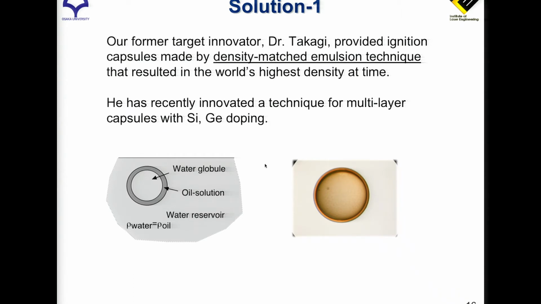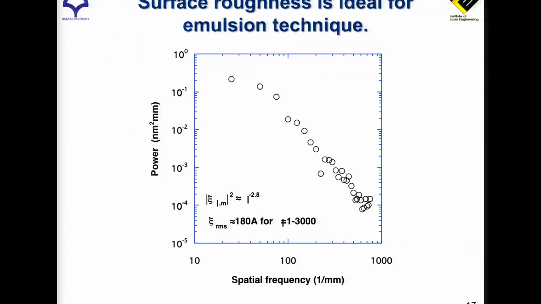And this is one of the typical plastic shells which we used in our high-density campaign 30 years ago. And it works. He has recently innovated again a technique for multi-layer capsules with silicon and germanium doping with this technique.